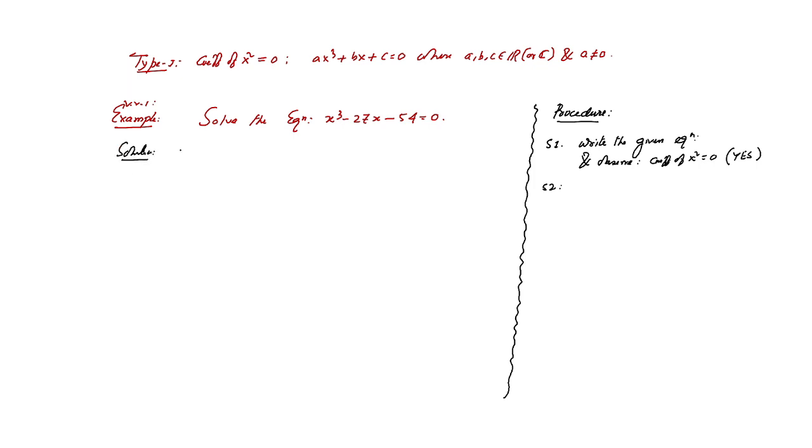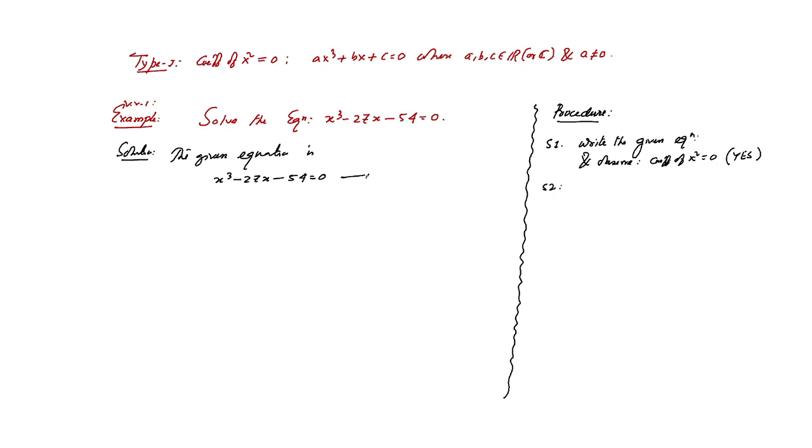Solution. The given cubic equation is x cube minus 27x minus 54 equals 0. And here you observe the coefficient of x square is 0, so that comes under the type.